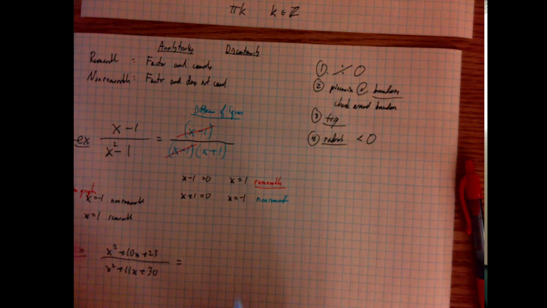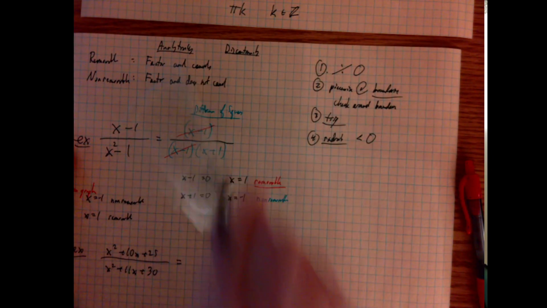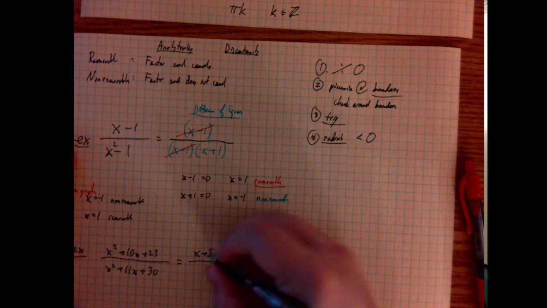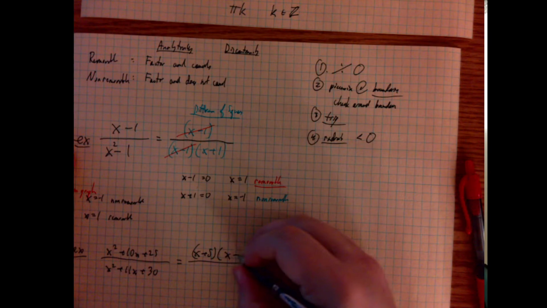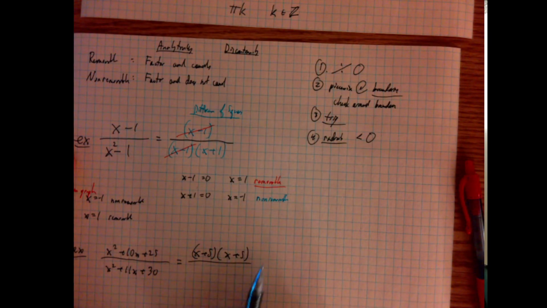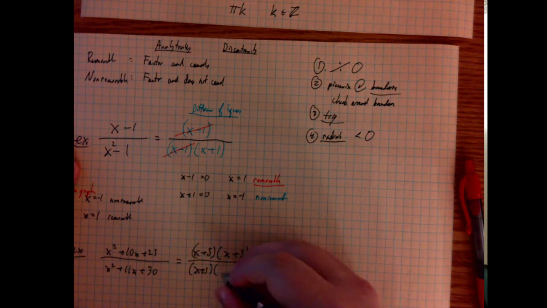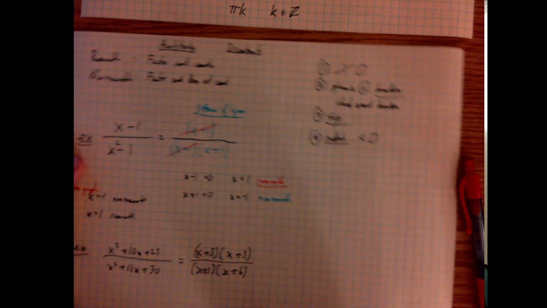So here, I can rewrite this function by factoring. I factor the top quickly, because you guys should be good students. You should know how to factor well. This becomes x plus 5 times x plus 5. On the bottom, we get x plus 5 and x plus 6.